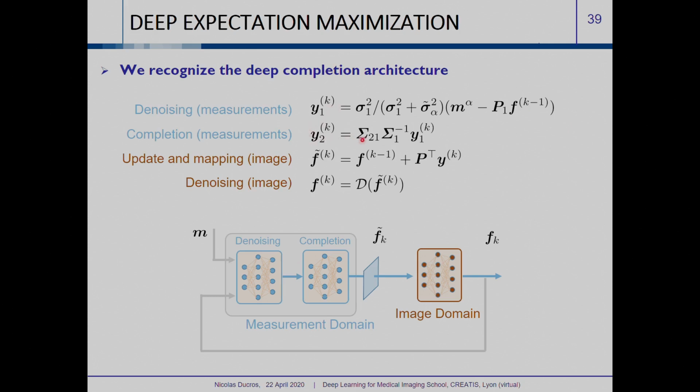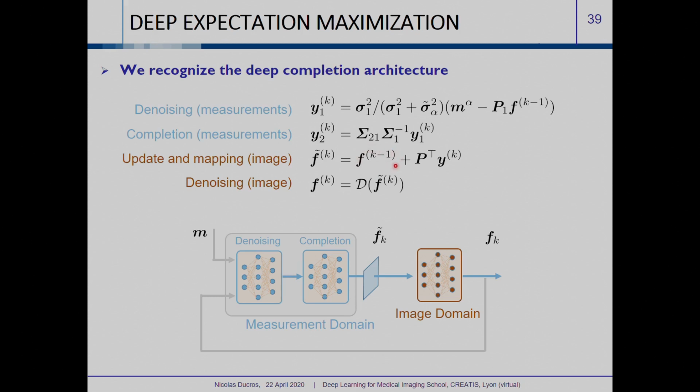Then we have a completion step. After denoising, we complete the measurement. So here, y2 represents the missing measurements. Then this step is basically an update. So we take into account the previous estimate. We will see in a second how we compute it.